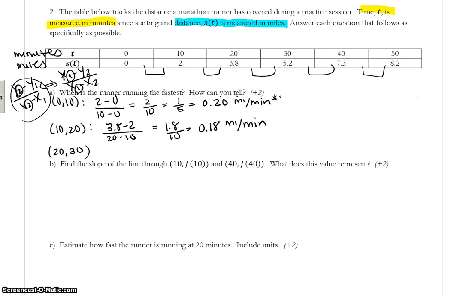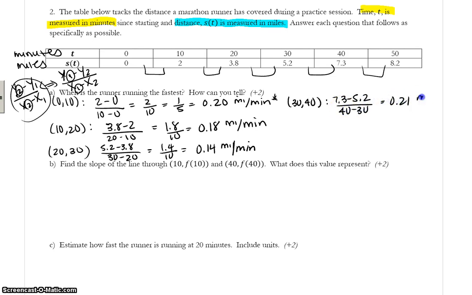Our 0 to 10. So from 20 to 30, we have 5.2 minus 3.8 over 30 minus 20, which gives us 1.4 over 10, which is 0.14 miles per minute. So again, still our fastest is 0 to 10. And then we do 30 to 40, which gives us 7.3 minus 5.2 over 40 minus 30, which gives you 0.21 miles per minute.